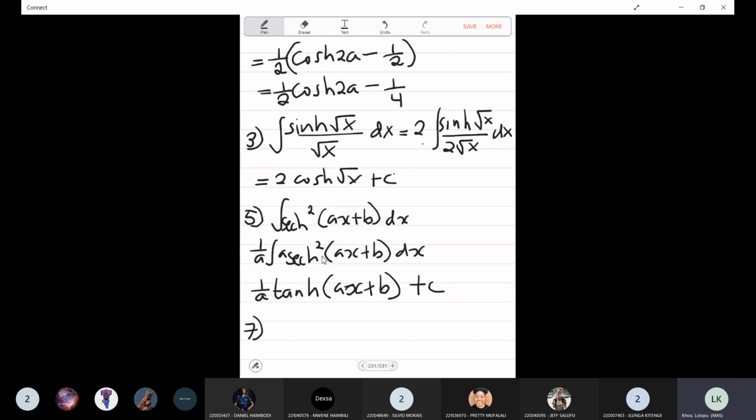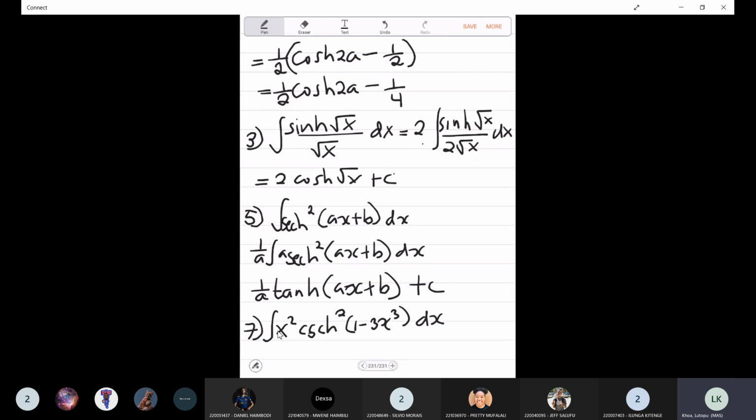And number 7, the integral of x squared hyperbolic cosec squared of 1 minus 3x to the power of 3 dx. The derivative of the inside is negative 9x squared.